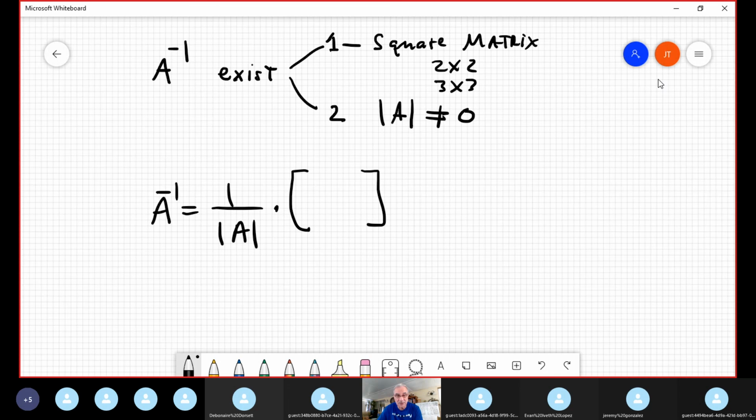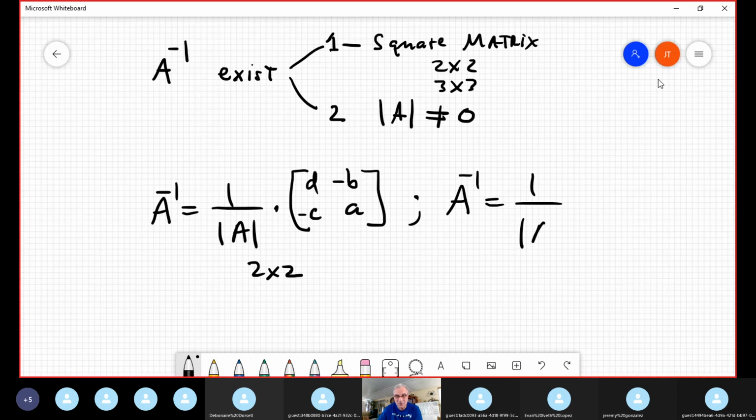So the formula in 2 by 2 was easy: D, A, B negative, C negative. In 3 by 3, or n by n, the formula is super complicated. 1 over determinant of A, but this part stays the same, and we have another very, very complicated matrix. But I don't want to explain this now, because a student needs to take college algebra to understand this more clearly.